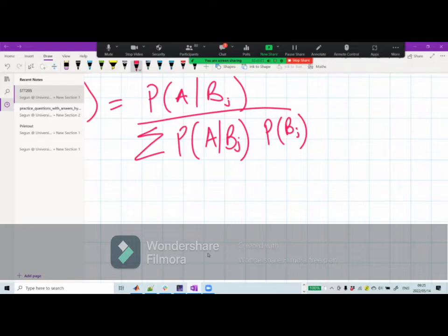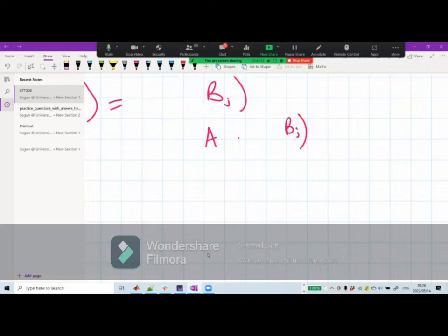Okay, sorry, let me put it this way first so that we can have a better understanding. Just hold on. Let me put it in this format so that we can have a better understanding.